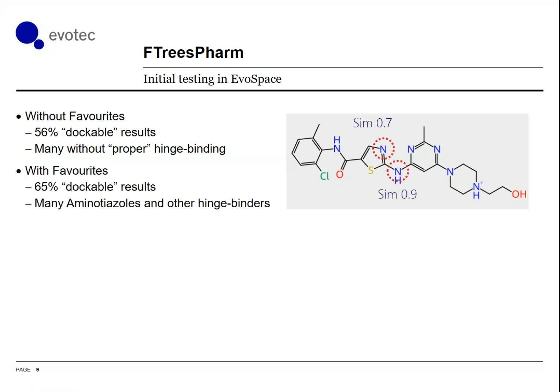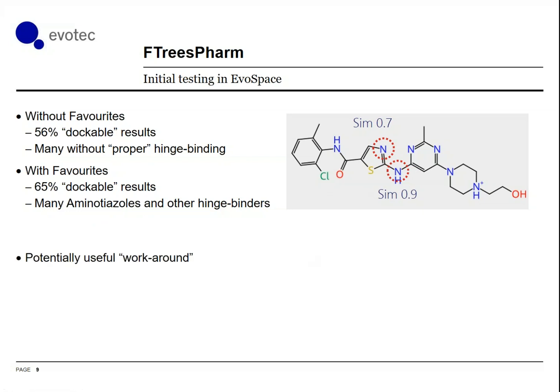With the favorites feature here, this nitrogen and the attached ring set to a minimum similarity of 0.7, and this donor here with a minimum similarity of 0.9, we found a significantly higher fraction of dockable results and also many aminothiazoles, so proper hinge binding motifs in the compounds.